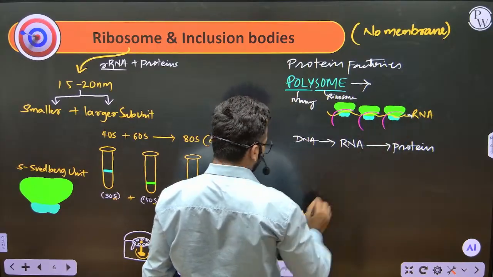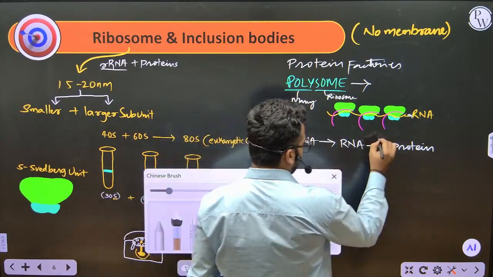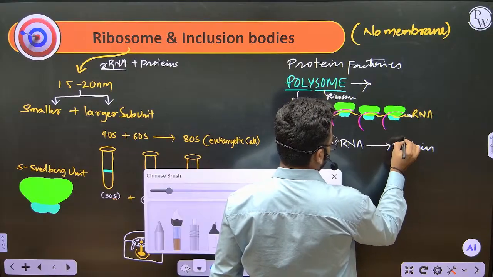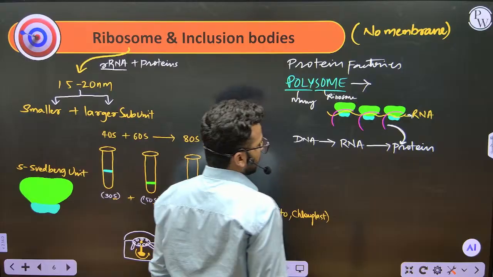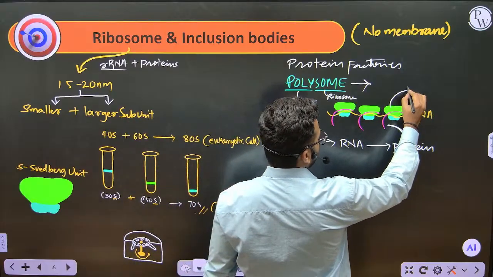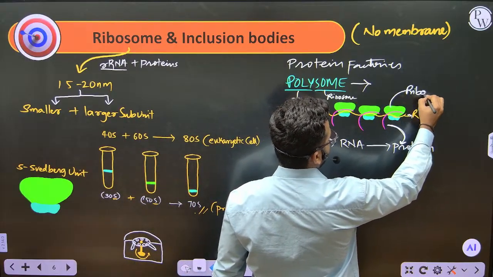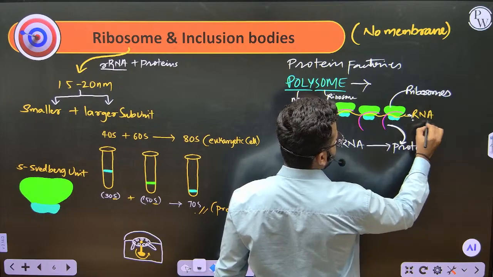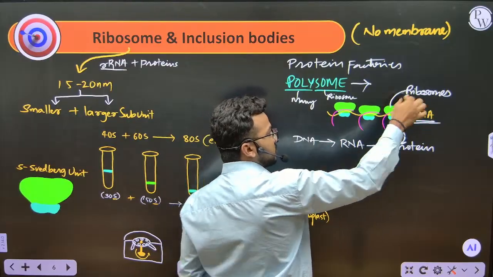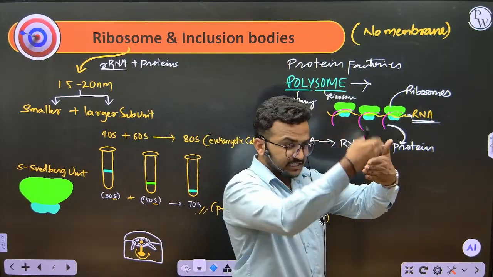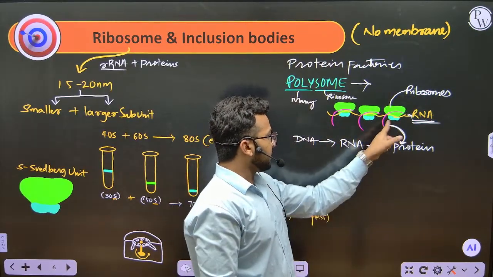These are proteins. These are ribosomes, and this is RNA. This ribosome is reading the RNA page of information and making proteins.